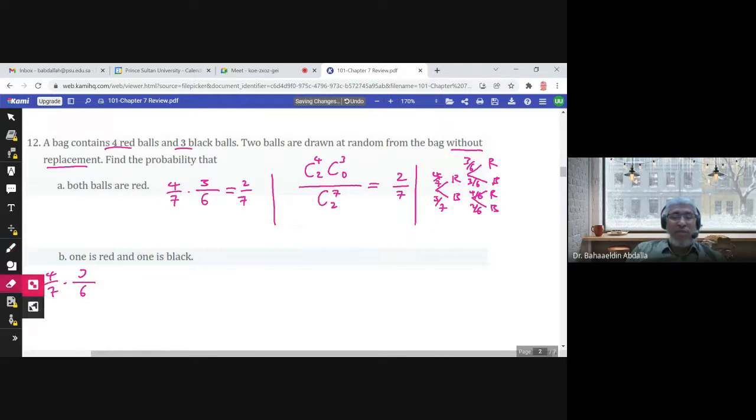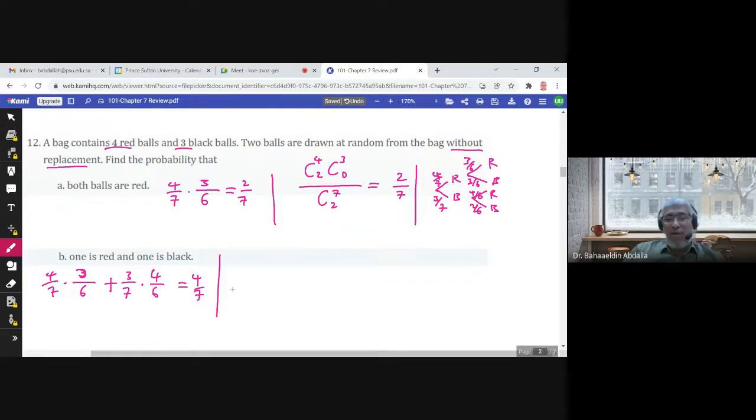So this is the probability that the first is red and the second is black, plus there is another probability, or the first is black, so 3 over 7, while the second is red, so 4 over 6. Okay, if you multiply and add, you have 24 over 42, that's 4 over 7. This is one way to solve the problem.